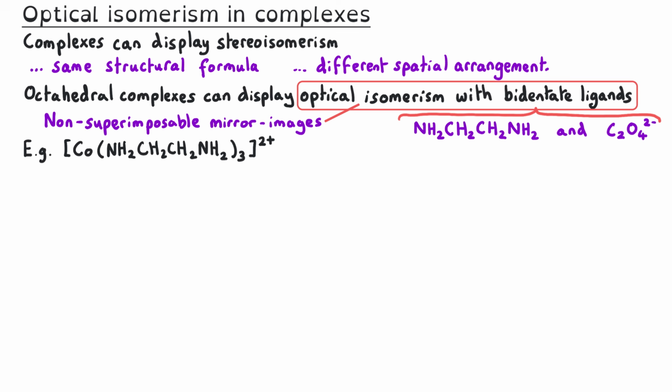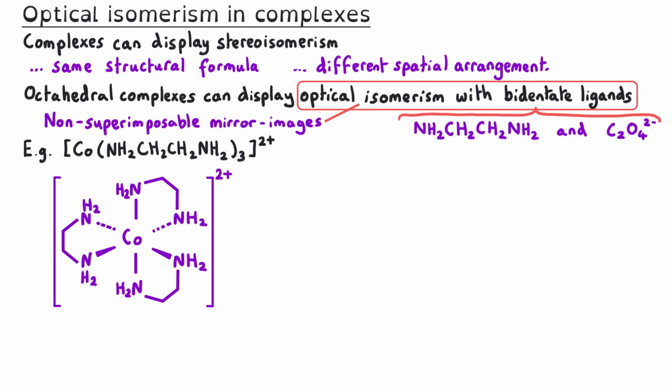So as an example, if we had a cobalt 2+ complex with 3 bidentate ethane-1,2-diamine ligands, one of the optical isomers could look like this. You can see here these are the 3 bidentate ligands. The spatial arrangement is all important here. Those wedges are coming out towards us and those dashed lines are moving away from us.